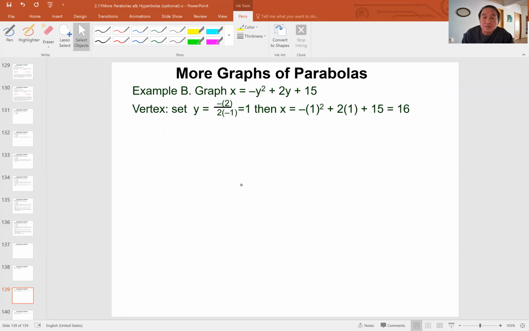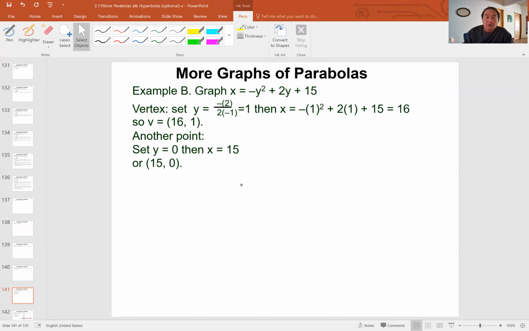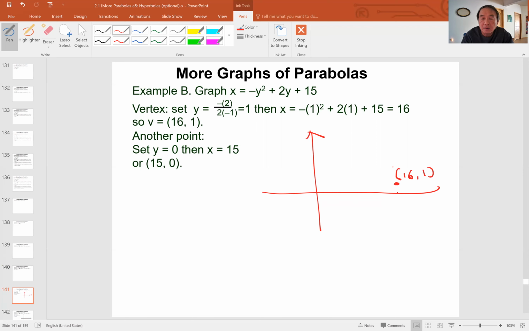So the vertex is going to be (16, 1). Okay, so we want to draw that. (16, 1) on the XY coordinates way out here. Okay, remember, the 1 is for the y coordinate. Okay, we get that first.